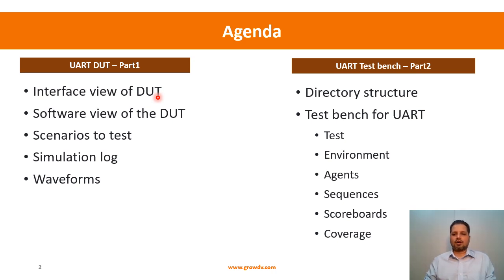All of those we configured using the control registers, and by writing and reading the data register, we were able to program the UART with the data that needs to be transmitted. That formed the software view of the DUT for us.